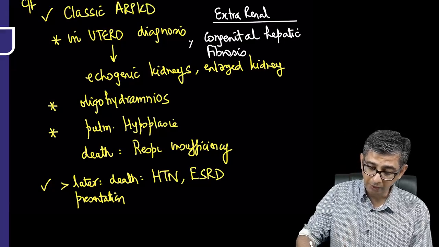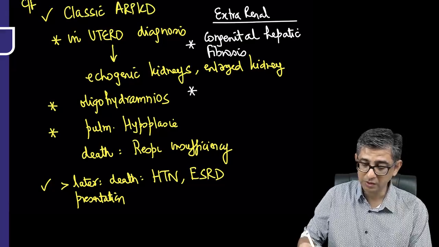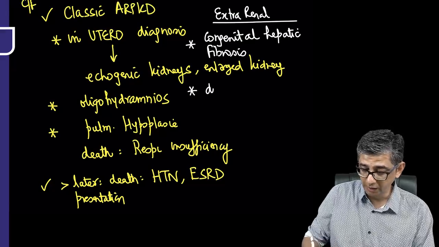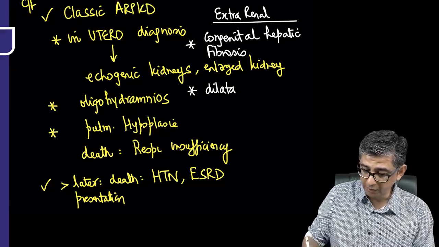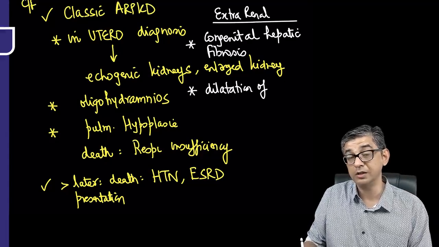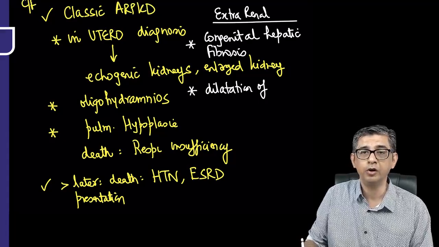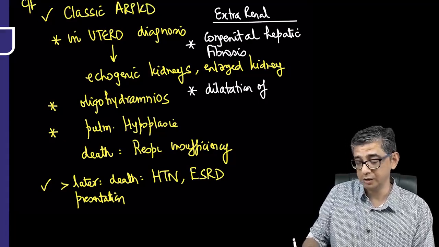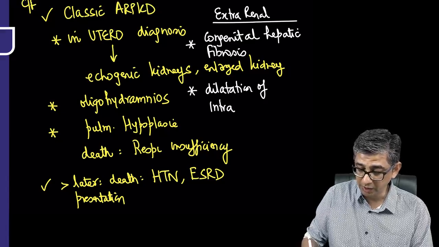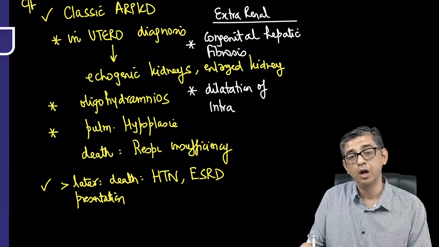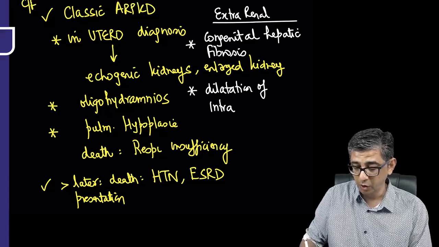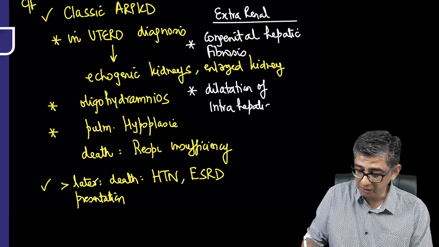Apart from congenital hepatic fibrosis, another extrarenal manifestation found in the liver of these patients can be dilatation of the intrahepatic biliary ducts. At the moment I'm talking about Todani's classification. I'm going to talk about Caroli's disease, because in this case the person not only has congenital hepatic fibrosis, but along with this there is also dilatation of the intrahepatic ducts in the liver.